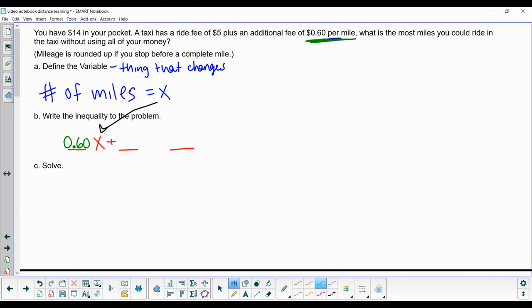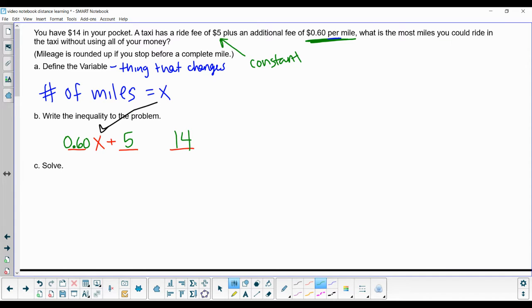And now I'm thinking about the fact that I also have this $5 fee. The $5 fee is a constant, a thing that doesn't change. So my constant of $5 goes here. So 60 cents per mile plus $5 fee. And now I need to figure out what symbol goes here for my $14 in my pocket.